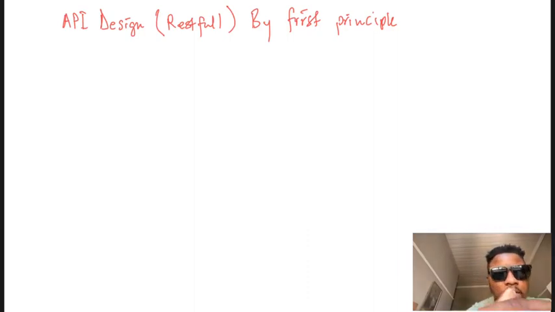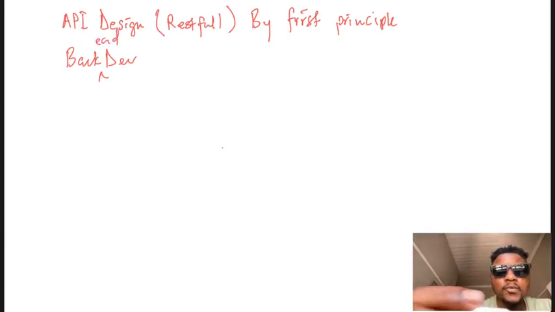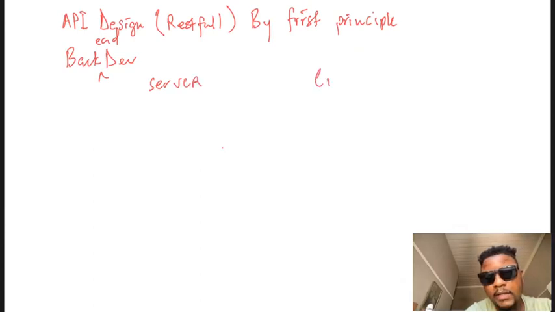And the first thing I will start with is what is an API, and in essence this is for backend development. So this is for backend dev. This is backend, right? And how does it work? Originally we have a server, and we have a client.